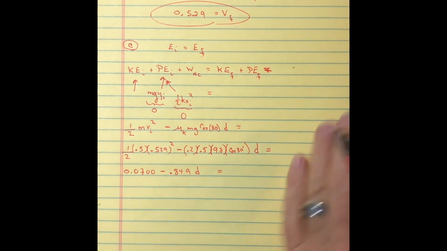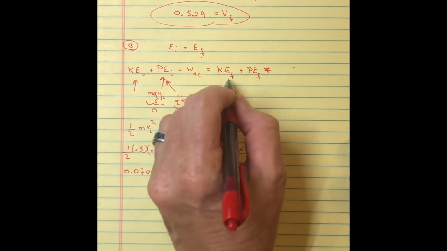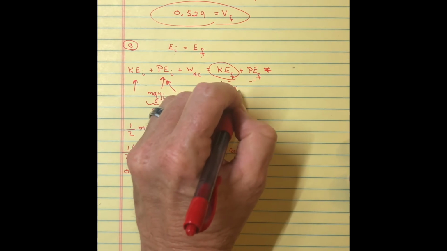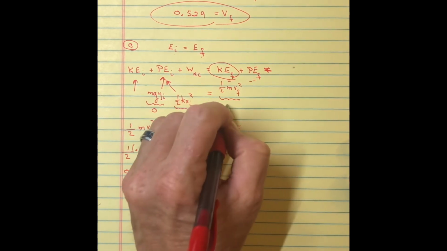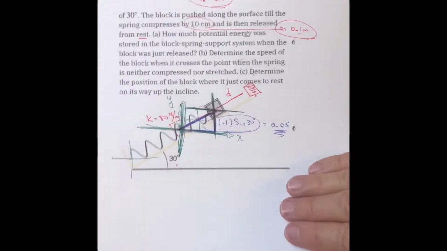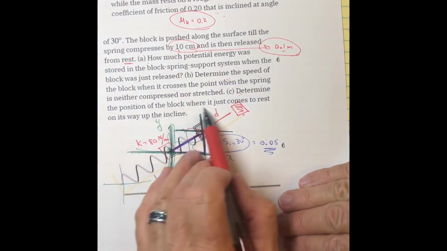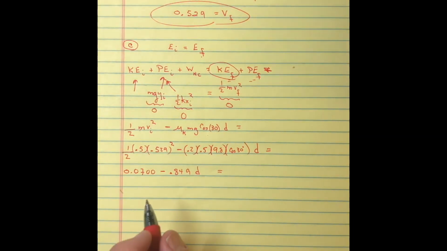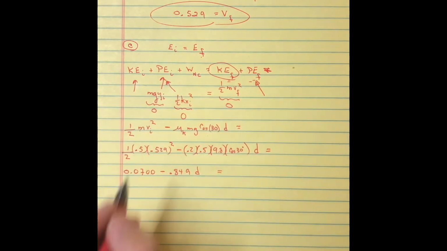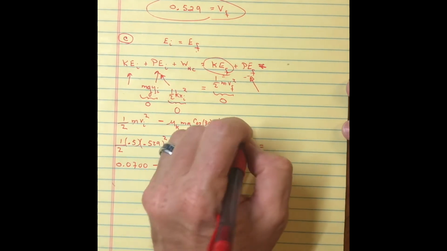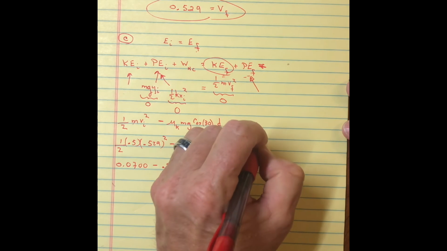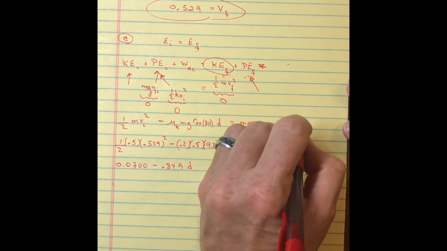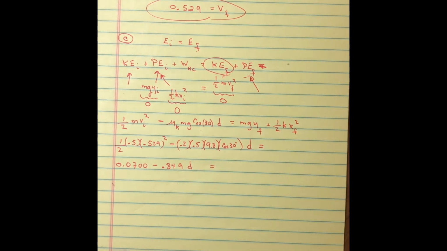Now, the other side of the equation: this would be 1/2 m v final squared. That one would be 0. That's what was told here in part C: determine the position where the block just comes to rest. So it goes up the hill and has a speed of 0. But now I would have both potential energies. I would have an mgy final, and I would have a stretching of the spring.